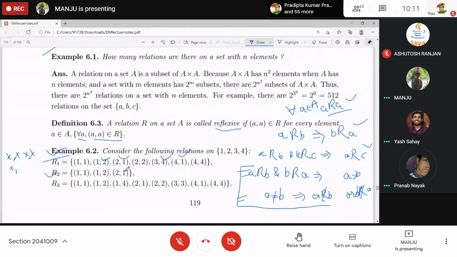But what if I write this as first: 2, 1 is present, 1, 2 is present, then 2, 2 should be present. If 2, 1 belongs to this set and 1 comma 2 belongs to this set, then 2 comma 2 should belong to that set.